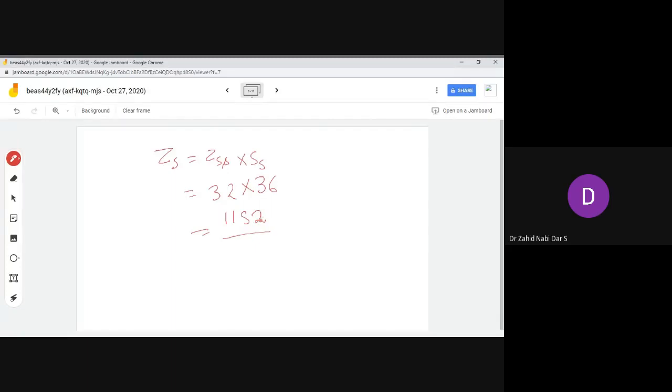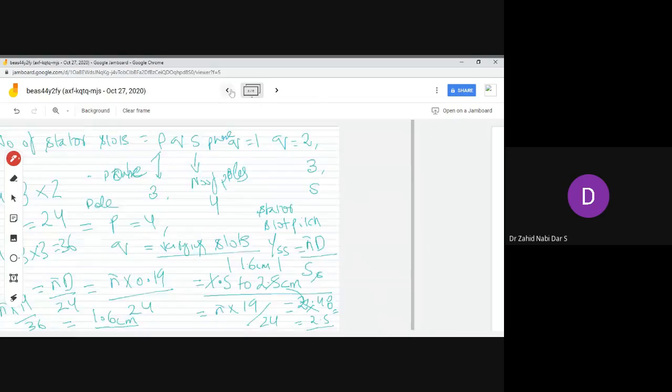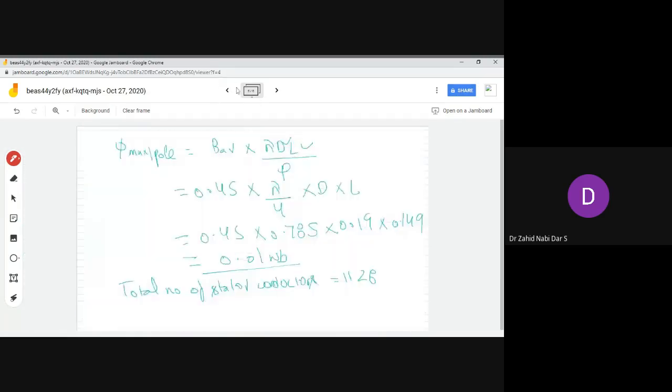Otherwise, what you theoretically calculated with the formulas was around 1128. From the turns per phase formula, you calculated the total number of stator conductors as 1128. But why is there a variation? Because there is a lot of material involved, conductors and all that.